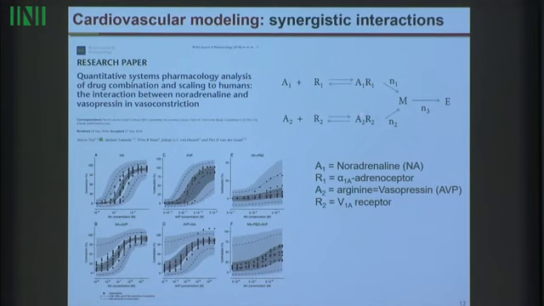But the idea is that if we do see interaction between these two players, which we do, in terms of the effect on contraction in small vessels, then these two things have to converge at some point to give the final effect. So we did lots of different studies, different combinations, alkylating one of the receptors to knock it down.